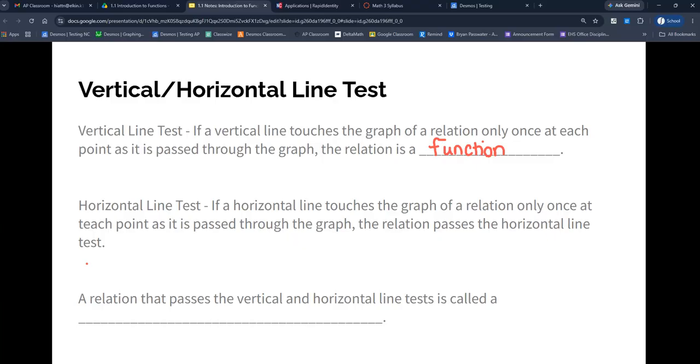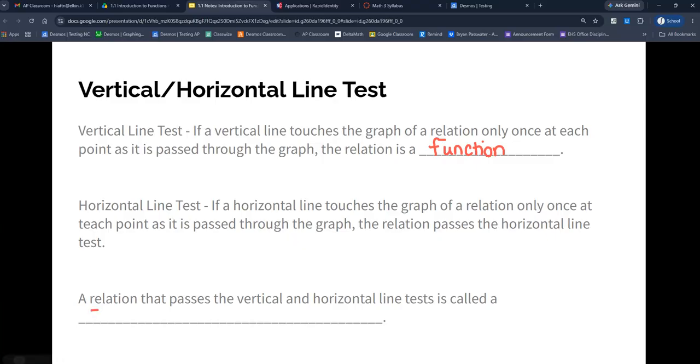Make sure you remember vertical is this way, horizontal this way. For the horizontal line test, you're going to do the same thing and look to see if it hits twice anywhere. Now, the horizontal line test by itself doesn't matter to you at all, but if there's a function that can pass both the vertical line test and the horizontal line test, then that is a special type of function that we need to know about.